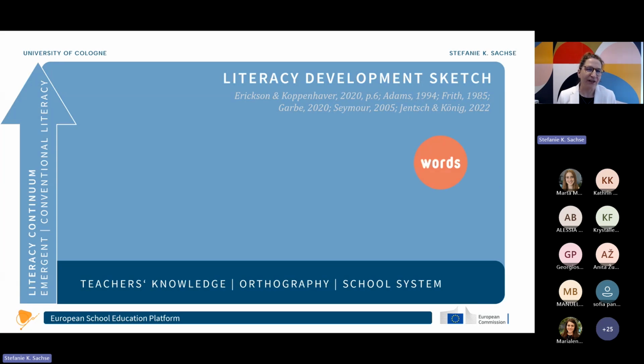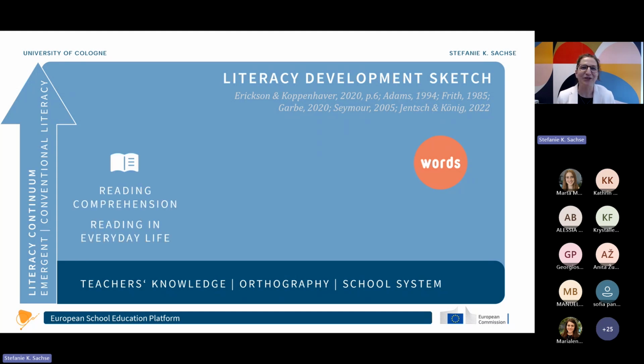So we had a very strong focus on words. From today's point of view, I would say it was maybe a bit too narrow, because there's so much more to reading and writing development. When we talk about learning to read and write, we look at so much more than just learning to read and write words.